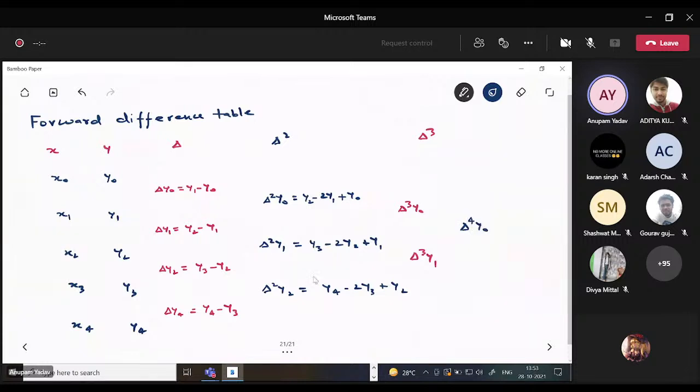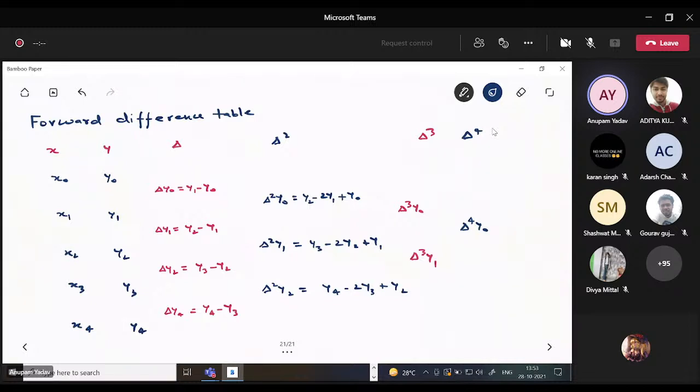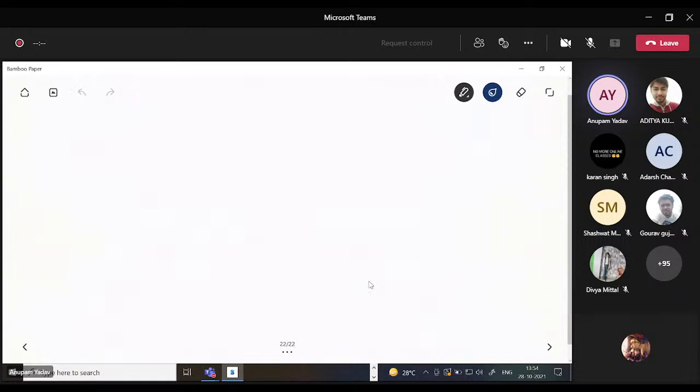This is how we write the first, second, third and fourth differences. Why we are writing this table we will see via examples, but this is the procedure to evaluate the table. Let me take an example of data, so that we can see how to calculate it.